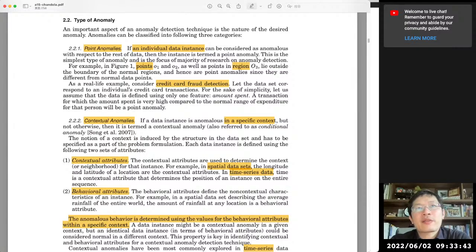So you can directly know that transaction, that point, is an anomaly. That is what we call point anomalies. It is relatively easier to detect such kind of anomaly, right?